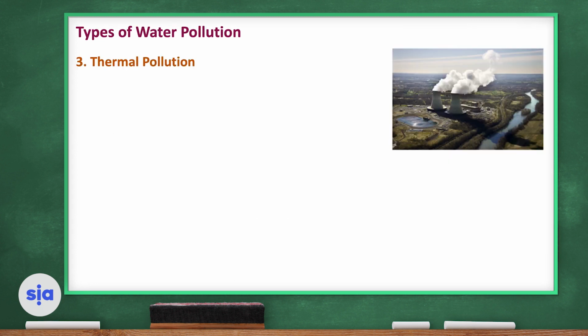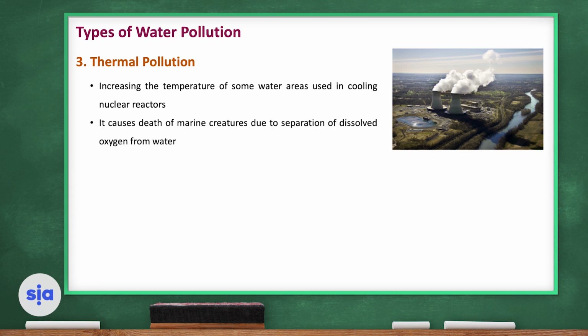The third type is thermal pollution, and it's the increasing of the temperature of some water areas used in cooling nuclear reactors. This will cause the death of marine creatures due to separation of dissolved oxygen from the water. The fish will not find oxygen to breathe.